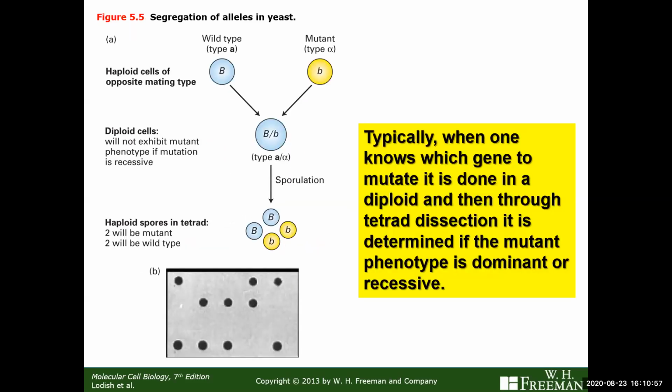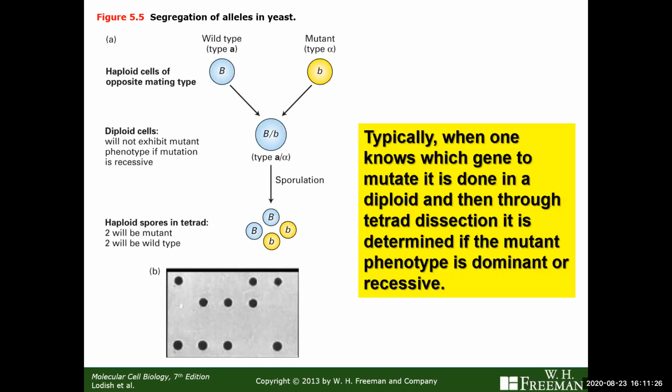Now, we will get into yeast genetics. So yeast has an advantage which you and I don't have. Yeast can exist as haploid or as diploid.